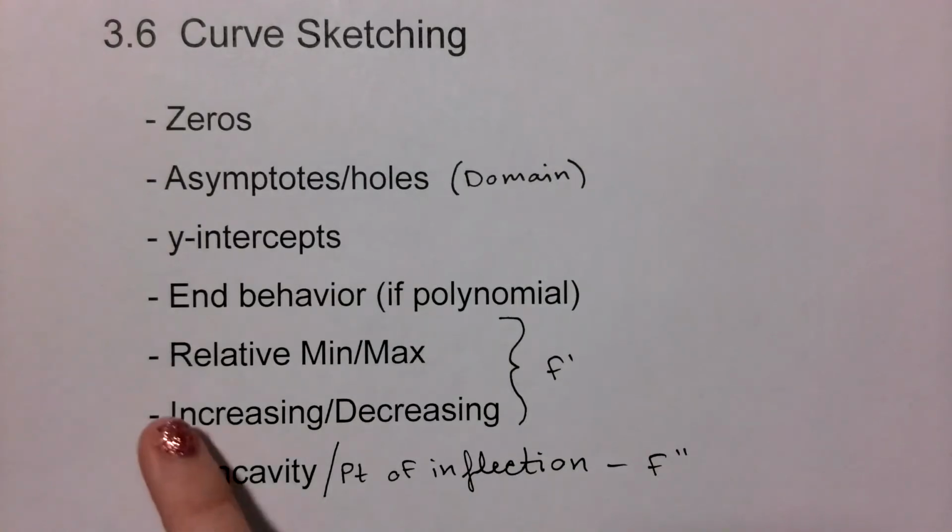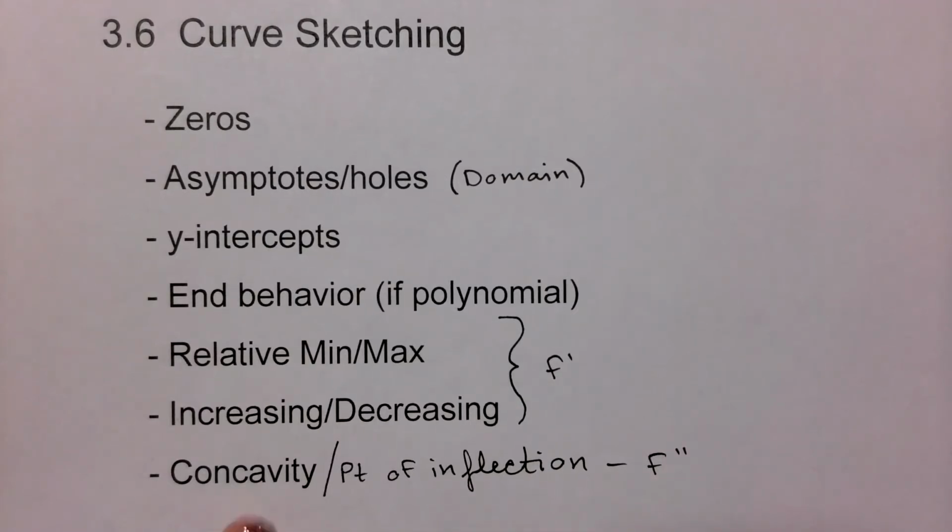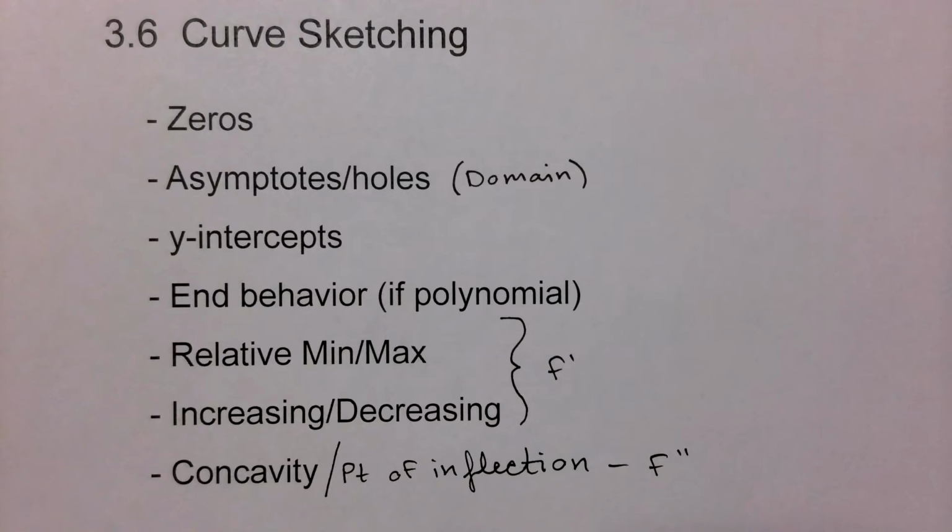But then we've got relative mins and maxes and increasing, decreasing that we did last Friday using f prime. And then we can go on to f double prime to figure out where we have points of inflection and where our concavity is going to change. So the whole gist of curve sketching is combining everything that you can find about f to sketch a curve that is the most accurate that we can without a calculator.